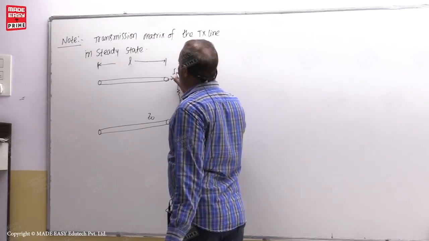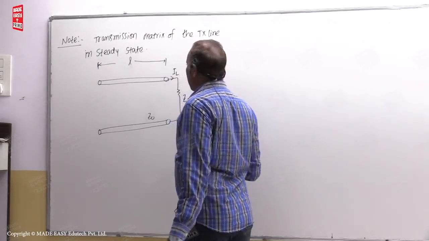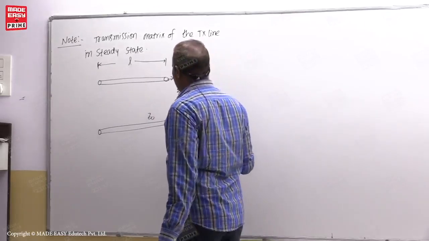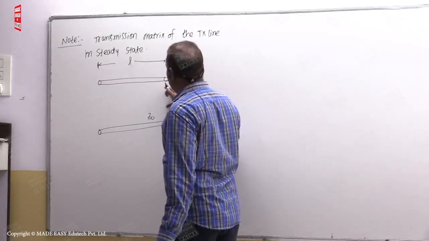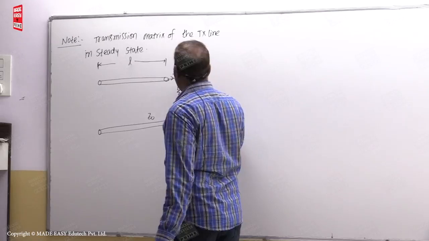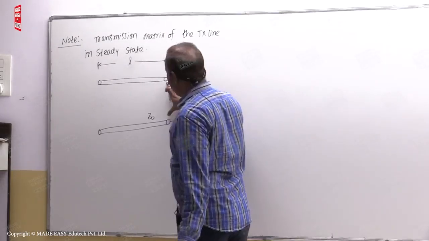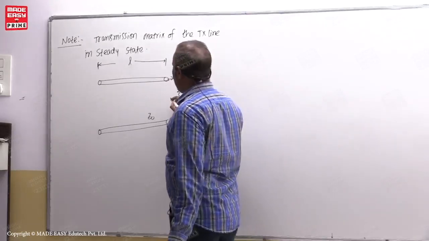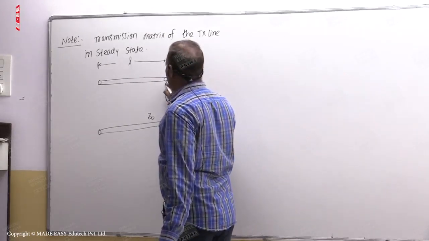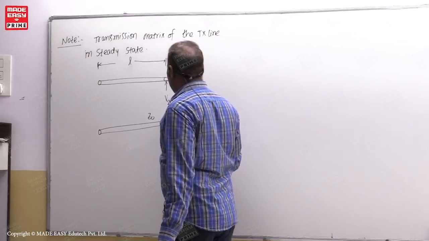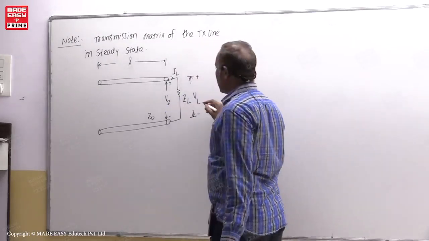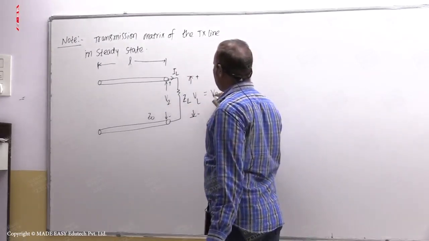This is called IL. This is called here, or otherwise here, doesn't matter student. Write here also, no tension. Plus minus VL. Here also VL is there. That is nothing but I will write here V2. So here V2 is nothing but VL, students. That is VL is equal to V2.